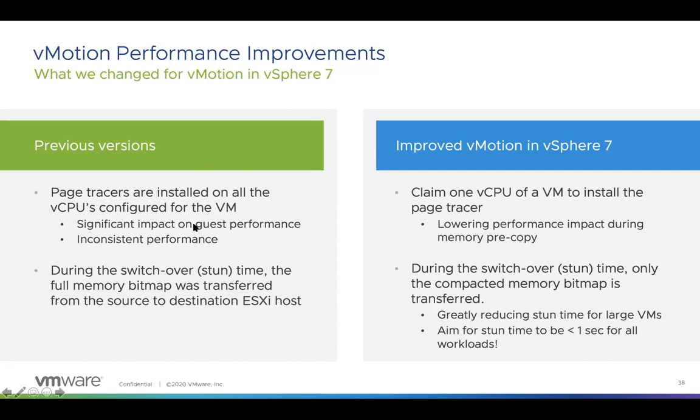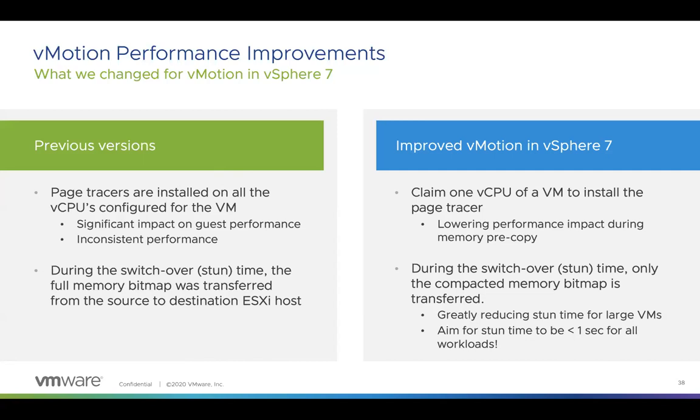Now, as I mentioned, we revamped our entire DRS and vMotion related capabilities, where instead of deploying these page tracers at every vCPU, we just take one CPU for a VM and manage the entire VM with that. This really lowers the performance impact and optimizes the memory pre-copy time, all those things.